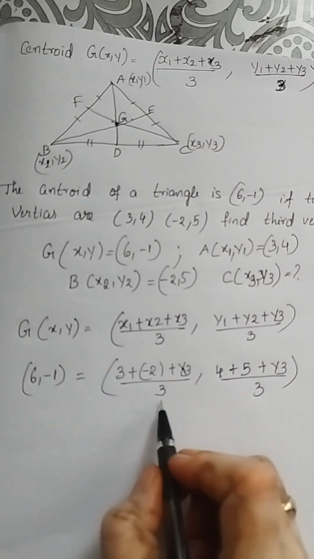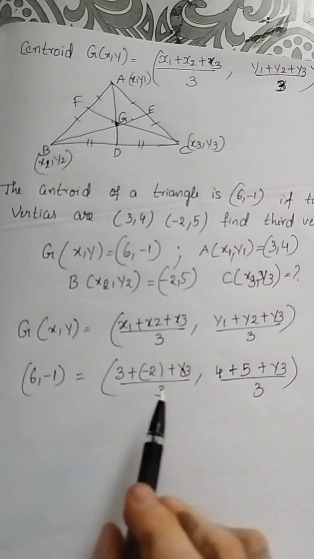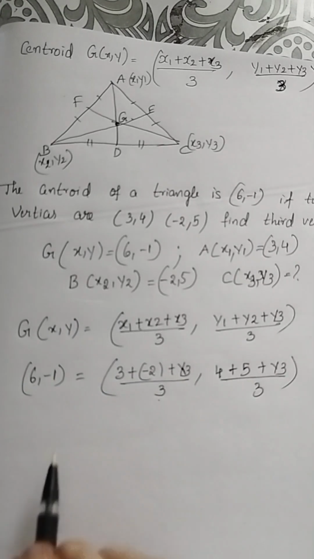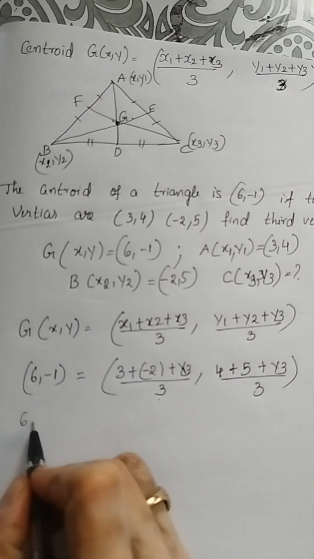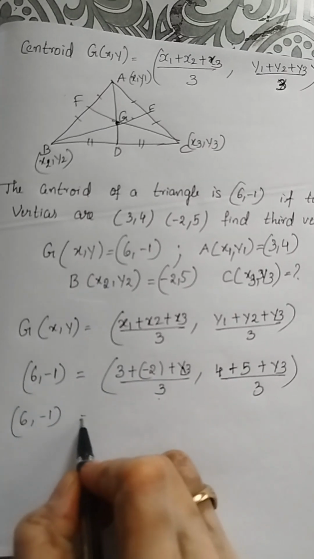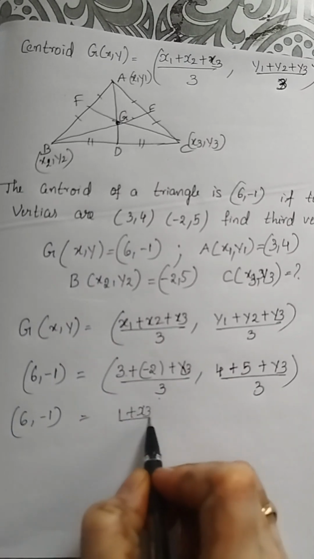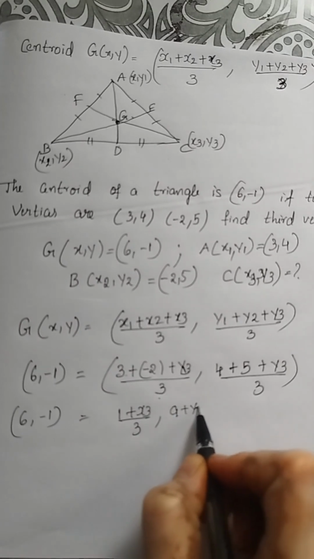So this is the x coordinate, the y coordinate. We will equate the x coordinate with x and the y coordinate with y to get the unknown variables. So (6, minus 1) equal to (3 minus 2 plus x3) by 3, (9 plus y3) by 3.